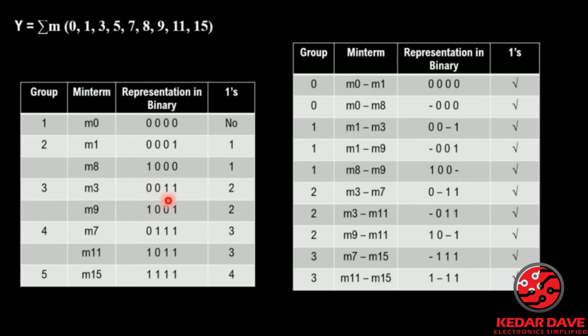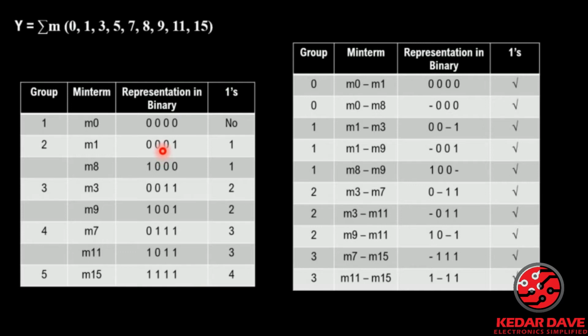After that, there are two ones, and we have grouped them together: the third and ninth minterms. The seventh and 11th minterms have three ones, and the 15th minterm has 4 ones, so it will be the only one in that group.